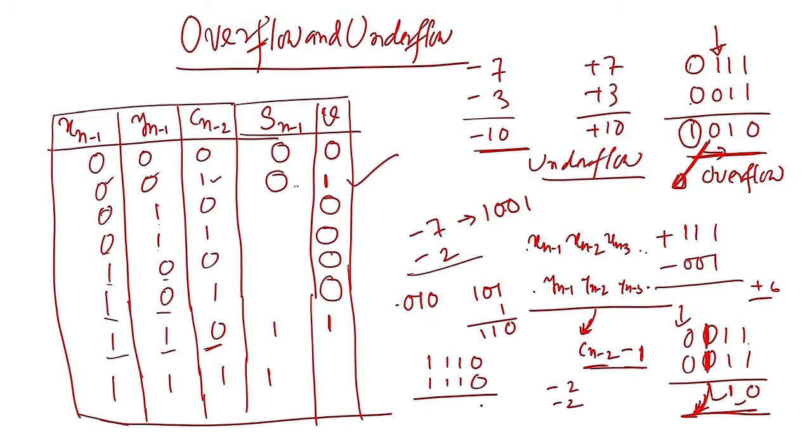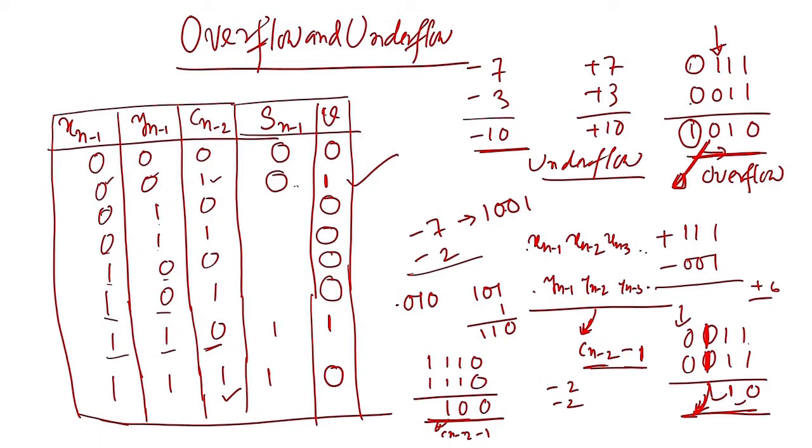Now you add 0 1 1 0. So, carry 1 1 1, there is a carry, C(n-2) is 1, but this value is not an overflow value, because it is within the range. Therefore, if there is a carry out bit, there is no overflow here.